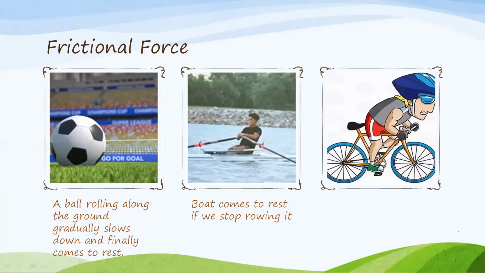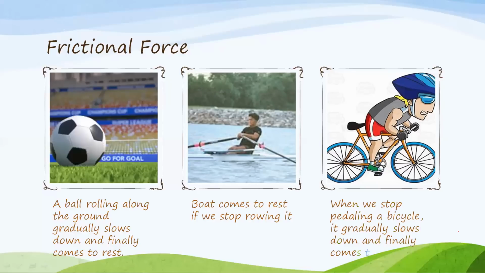Similarly, when you're pedaling a bicycle on a horizontal surface, not on a slanting surface, if you stop pedaling, what happens? The bicycle will come to a stop. The reason is there is an opposite force applied by the road on the bicycle.